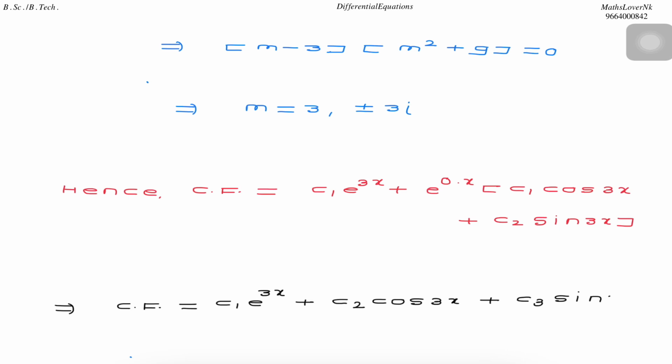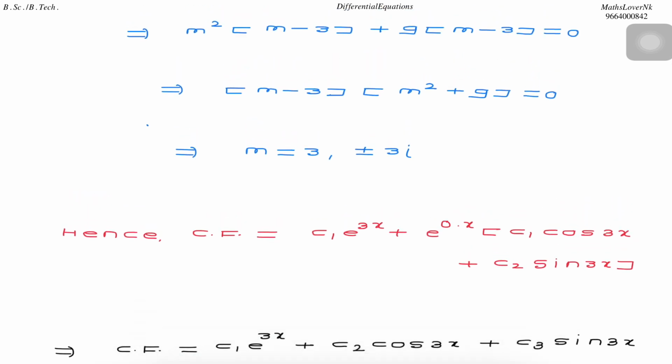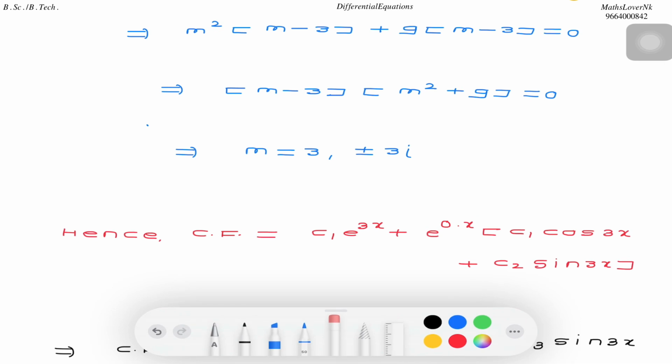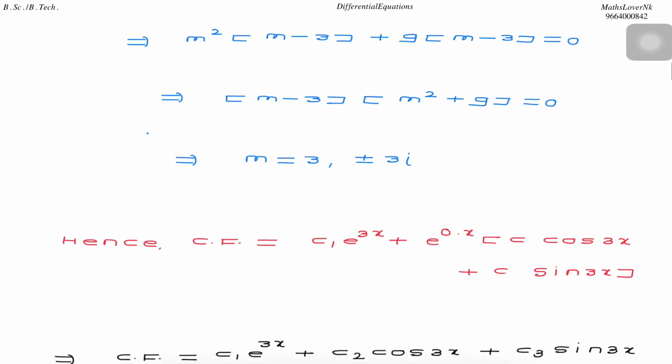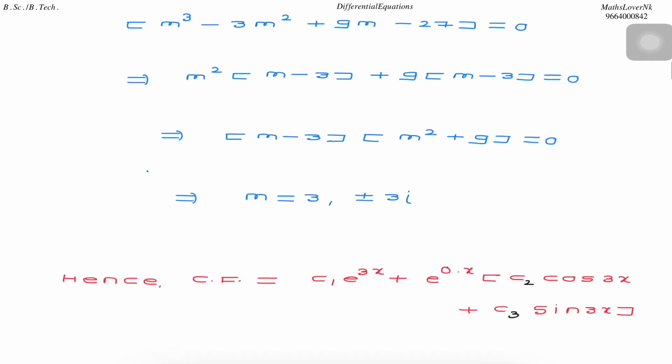C1, C2 and C3 are arbitrary constants, so you can take them as per your choice. You can take them in the middle or at the last, everywhere, but not similar: if C1 is one, C2 is another, and C3 goes with the other term.